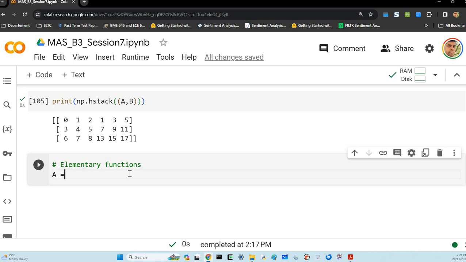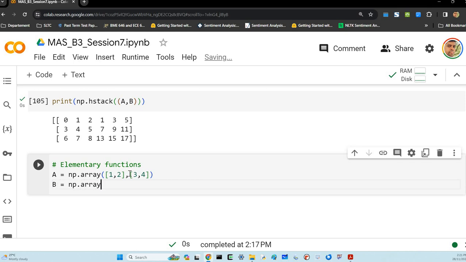Let's say A equals np.array 1 2 3 4. Let's say we have another B, 5 6 7 and 8.